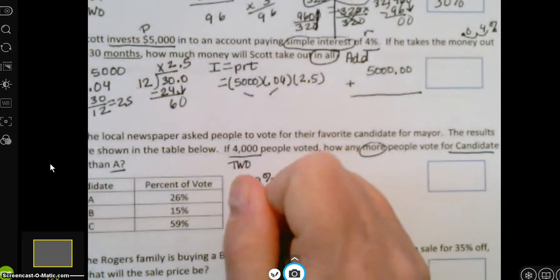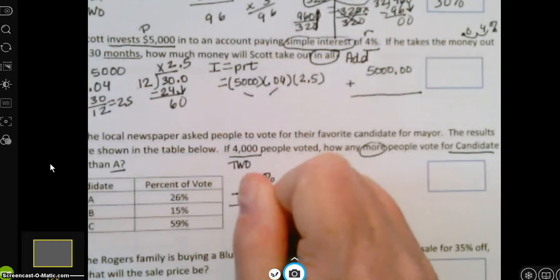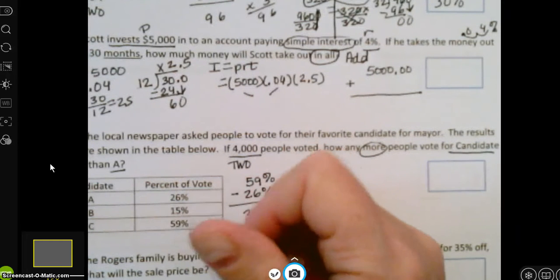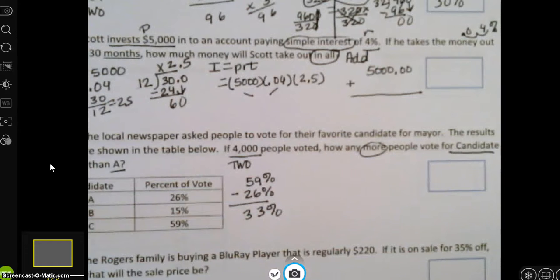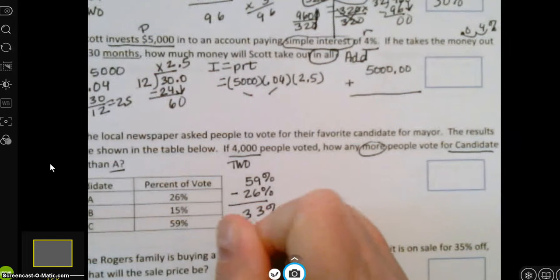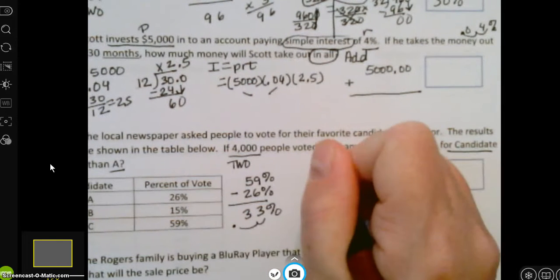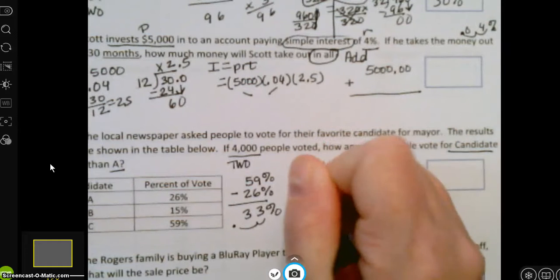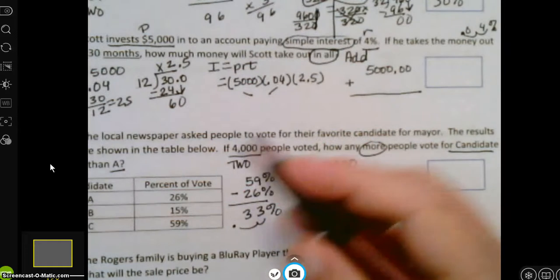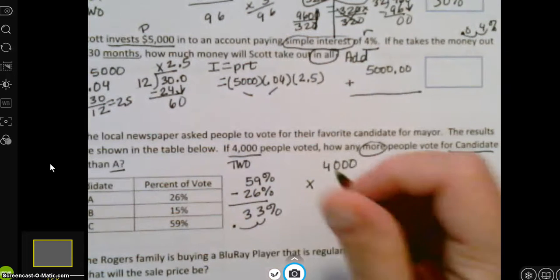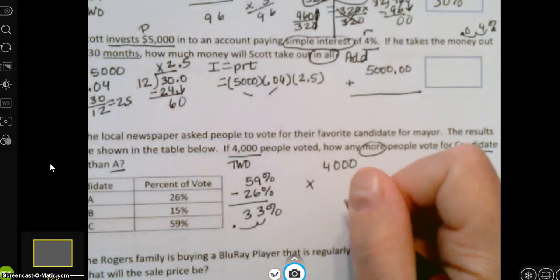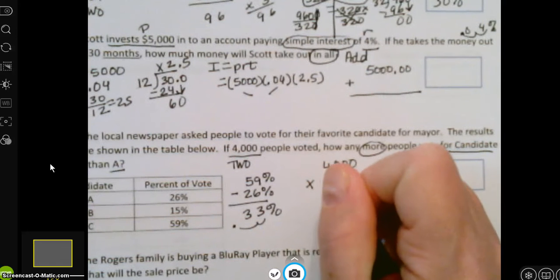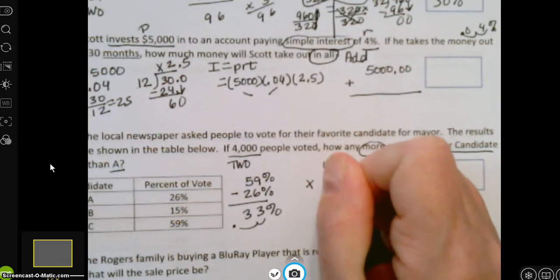So this is the difference in the percents, right? Now I can change the percent to a decimal and multiply. And this will tell me how many more people voted for C than A. Not the percent, it'll tell you how many people. We're changing this to people, okay?